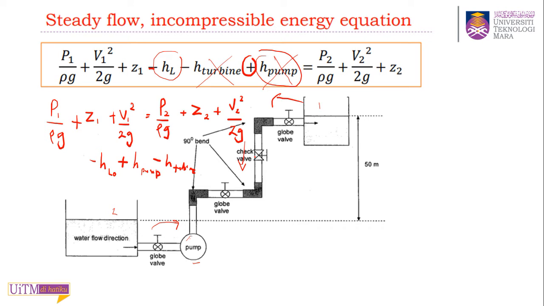So it's much easier, and even though there is some friction, maybe it will say the friction is negligible, and in that case you will not need any pump. So this pump will not be used anymore, you can just ignore the H pump. So that's how we apply this energy equation.